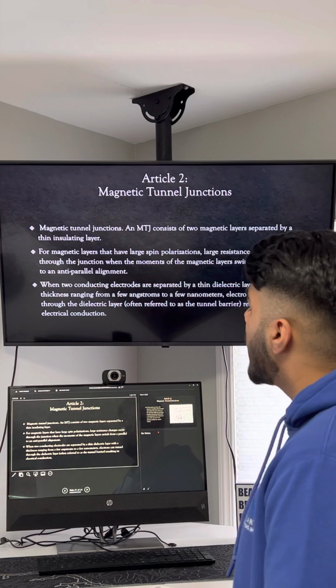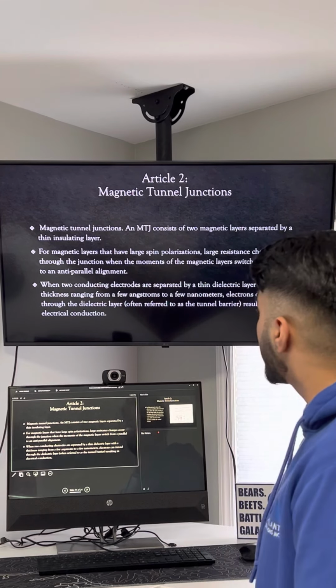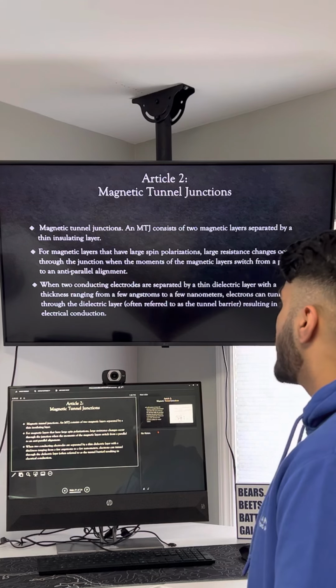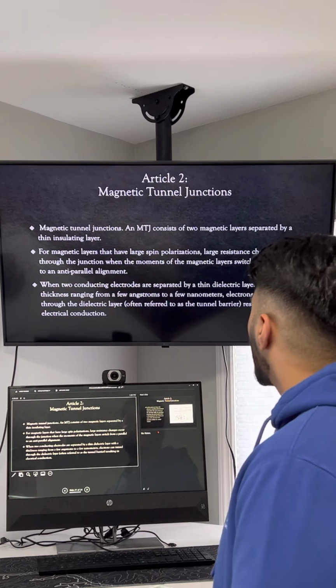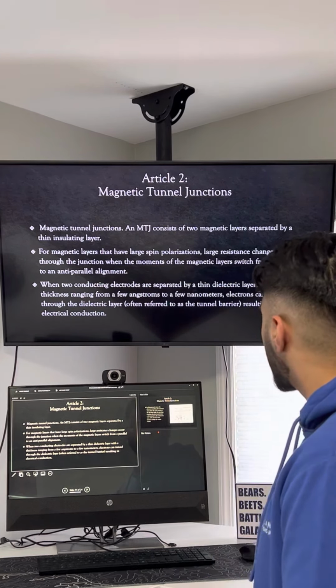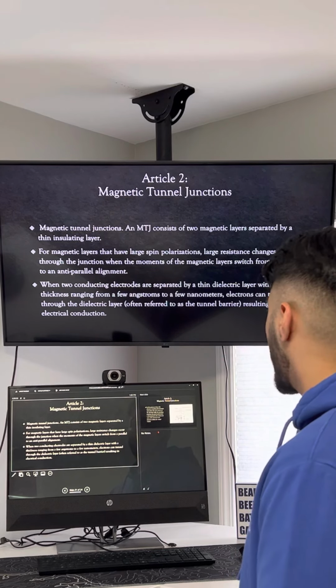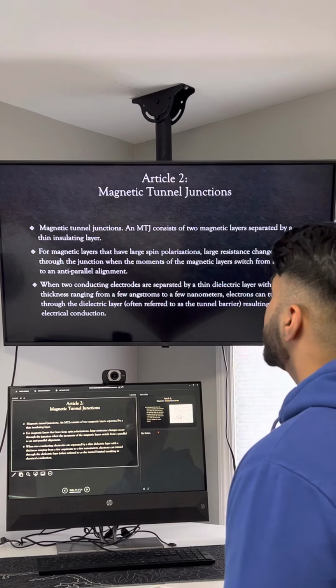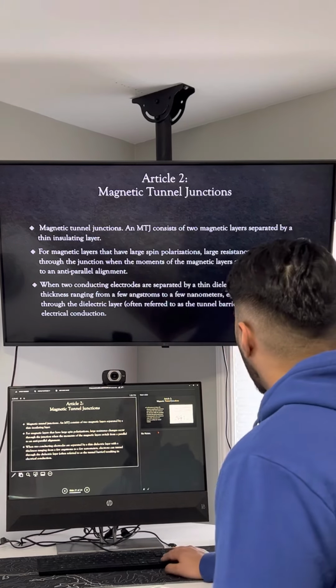When two conducting electrodes are separated by a thin dielectric layer with a thickness ranging from a few angstroms to a few nanometers, electrons can tunnel through the dielectric layer, often referred to as a tunnel barrier, resulting in electronic conduction.